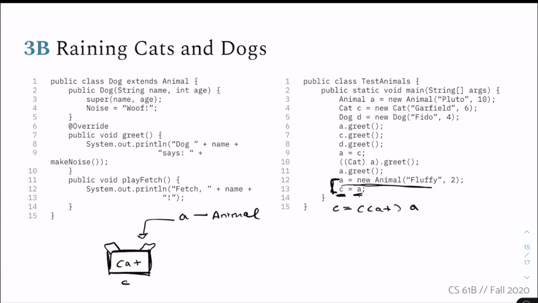The computer would trust us and say, okay, I'll believe you that there is a cat in that variable, that there's a cat in that box, and so I will proceed as if this checks out. And then at runtime, when we try to put an animal into the cat box, it'll error then instead.